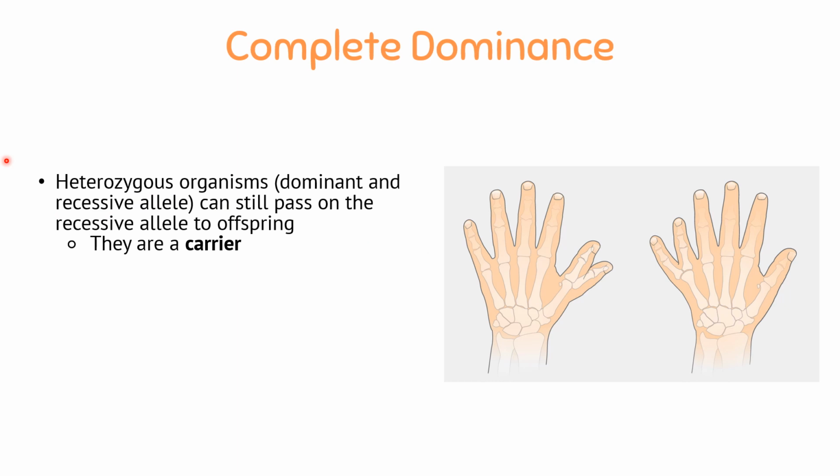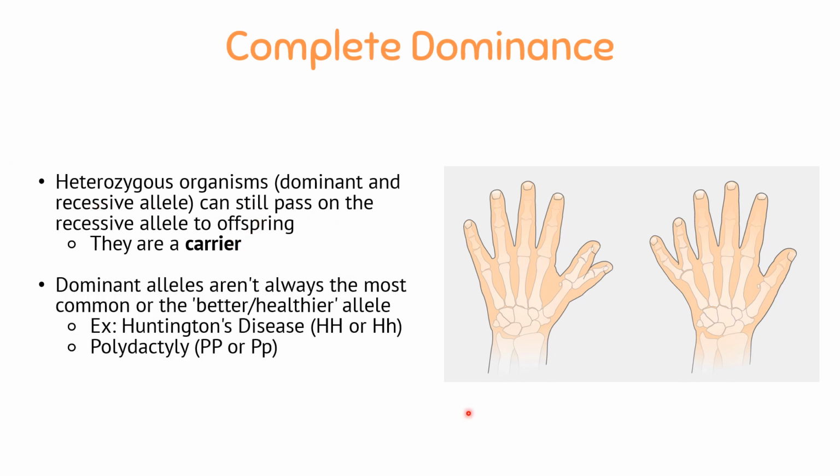Heterozygous organisms, who have a dominant and recessive allele, can still pass on that recessive allele, even though their dominant allele is masking its presence. If they are heterozygous, they are known as a carrier because they can pass on the recessive allele that they are carrying.